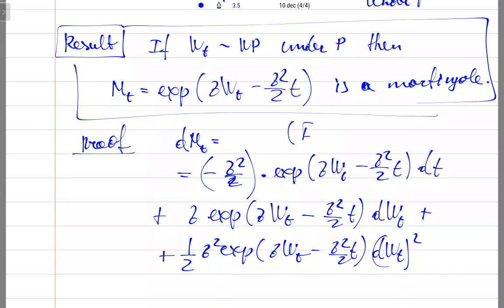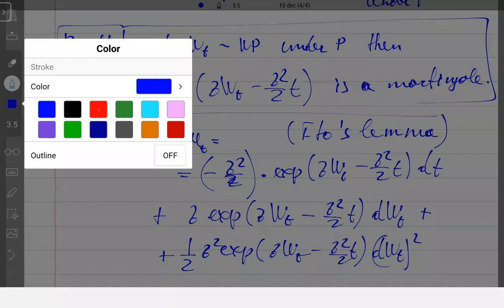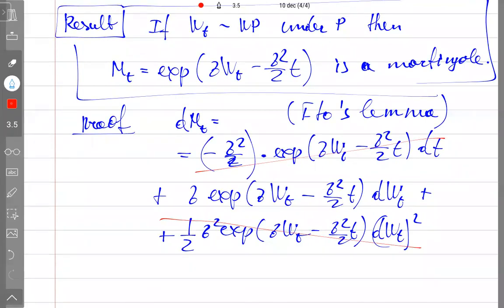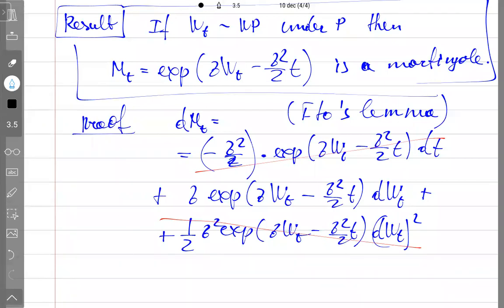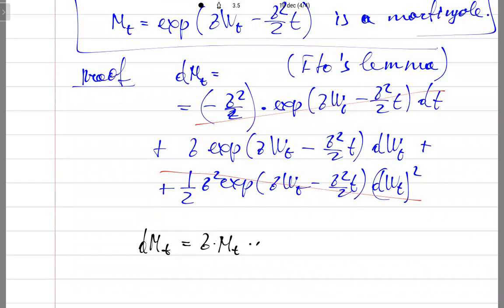I have used Ito's lemma. So I see that these two terms will cancel out. So dM_t is sigma M_t dW_t. I see no dt term. So M_t is a martingale.